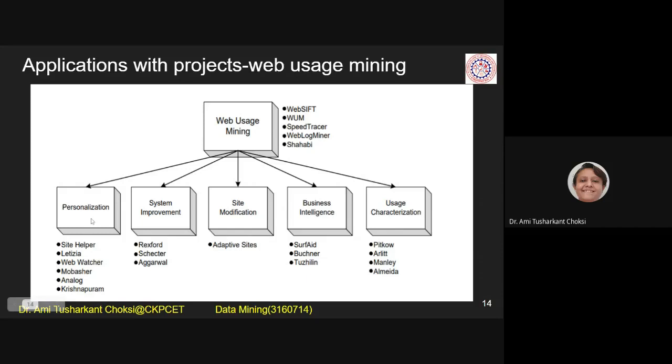So what to do? Can we stop them from using what we consider bad websites? How to stop them? For that we can say personalization can be done.